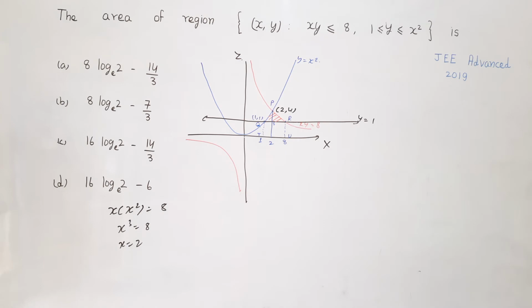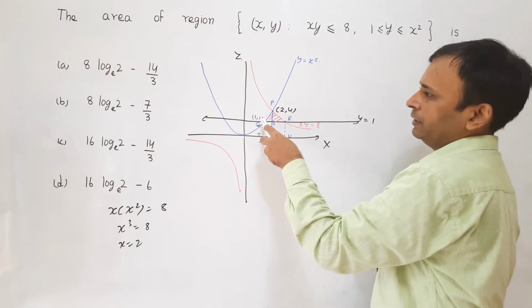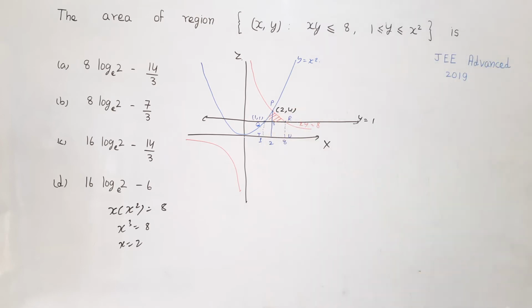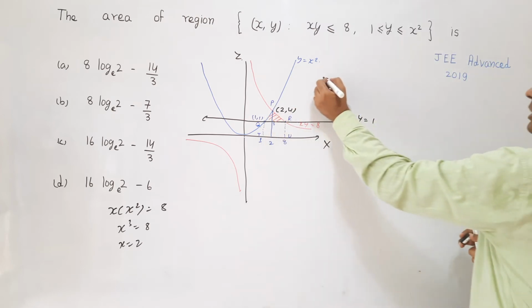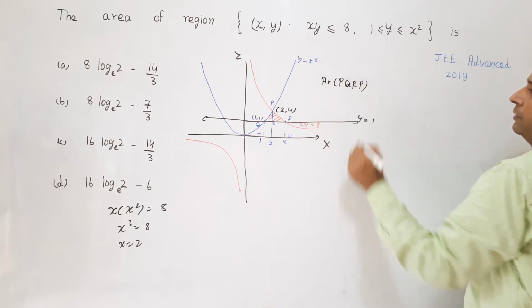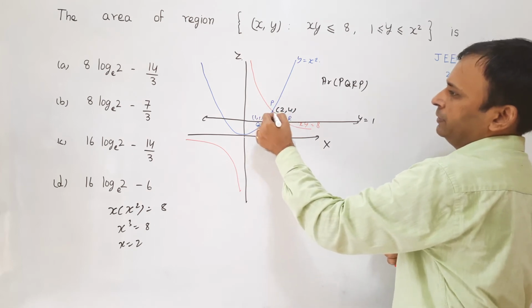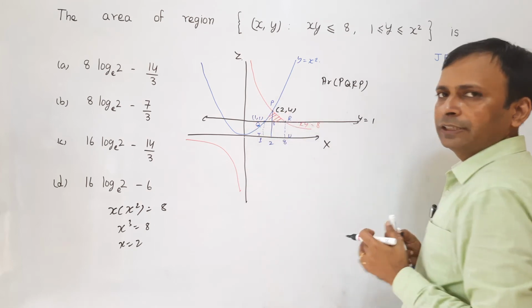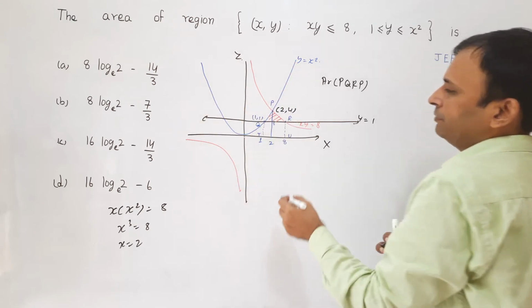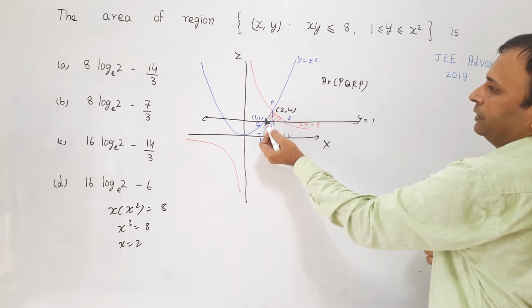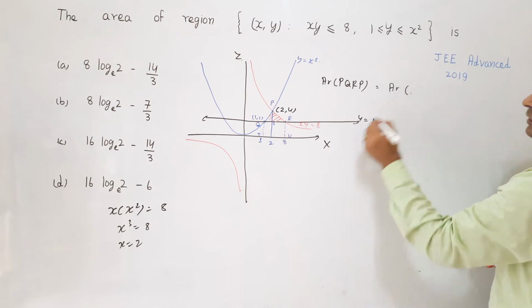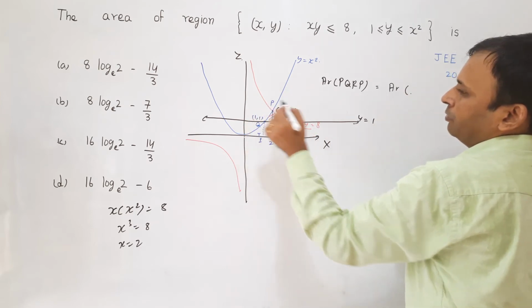So what is our required shaded region? Our required shaded region will be PQRP. So our required area will be area of the region PQRP. Now this region can be given by area under the parabola between the point P and Q. This I can write as area under PQ along the parabola.